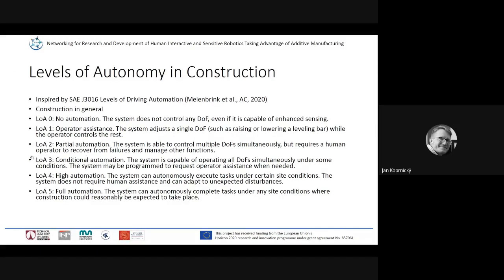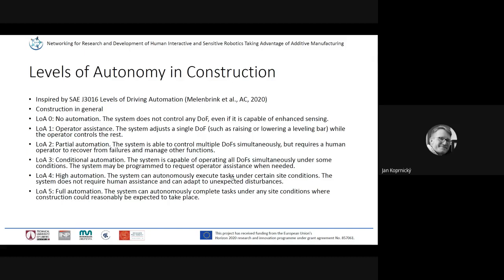But from level of autonomy number 3 to 5, you can count systems, robotic systems on the market or in research papers or projects on one hand or on two hands. So they are not so very well finished, let's say. High automation systems can autonomously execute tasks under certain site conditions.